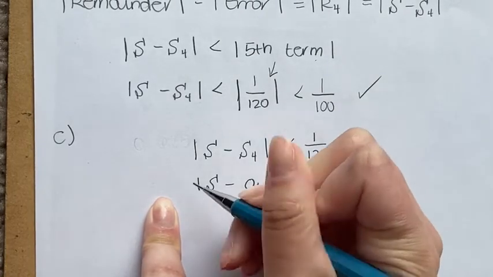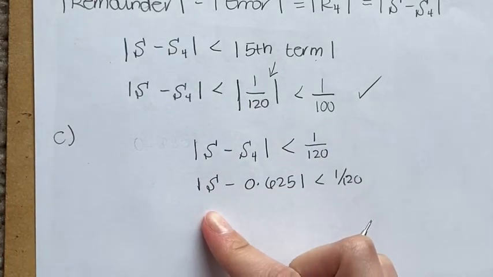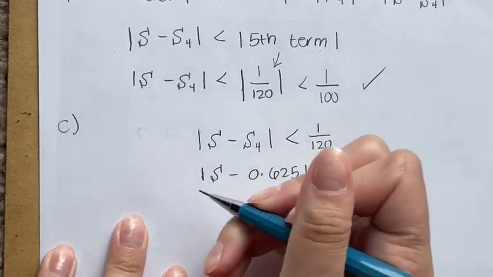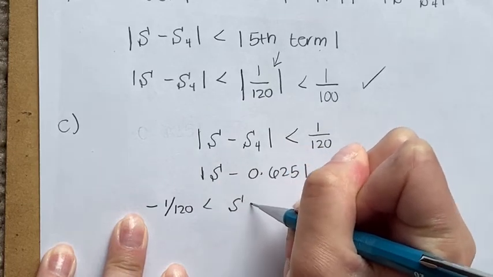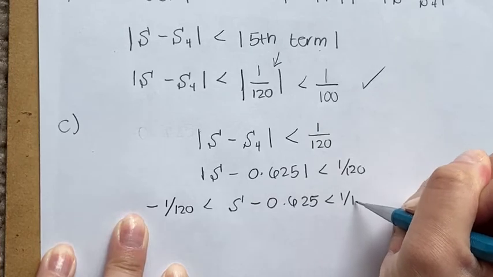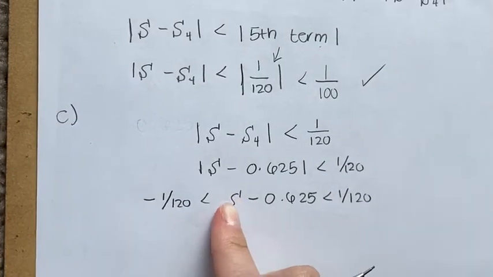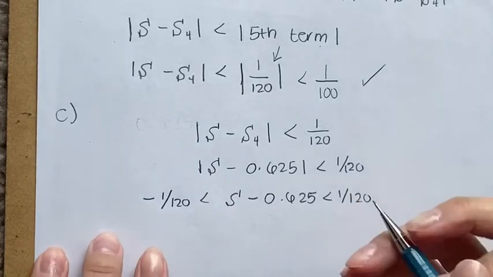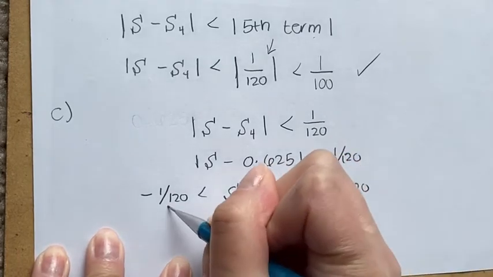So how can you get rid of the absolute value? Using your Algebra 2 information, if we want to take out that absolute value, this goes here, and then I basically take out the absolute value. After that, if I want to leave my S by itself, you are going to add 0.625 here, here, and here.